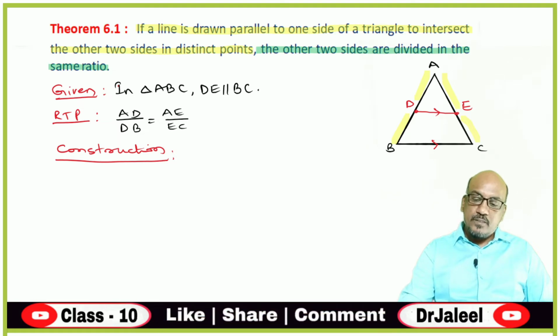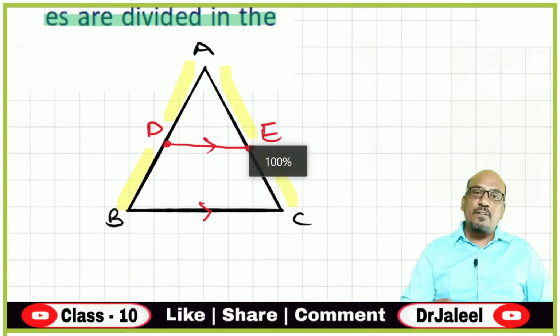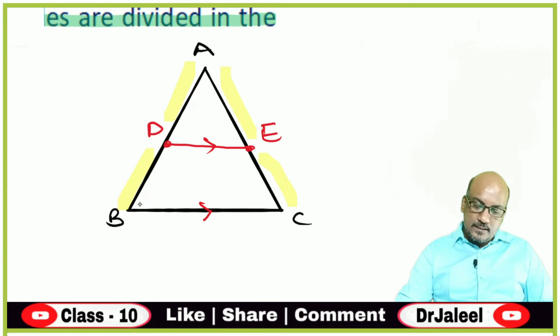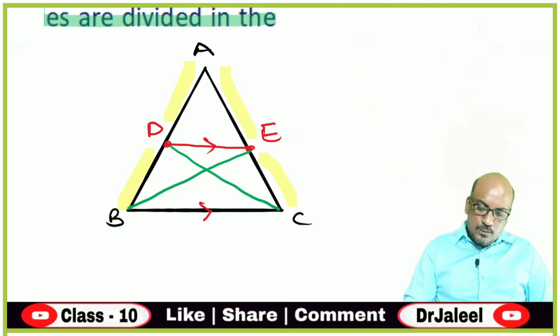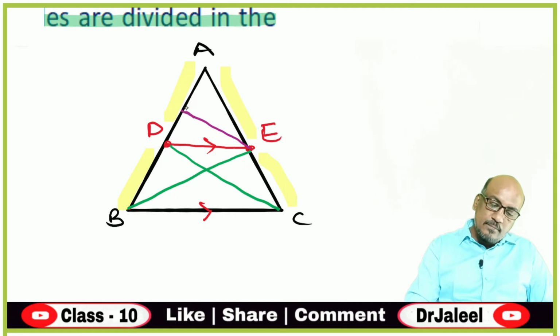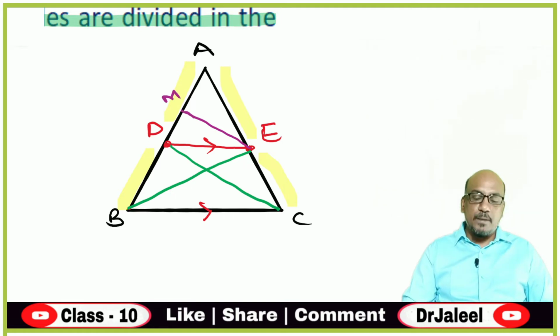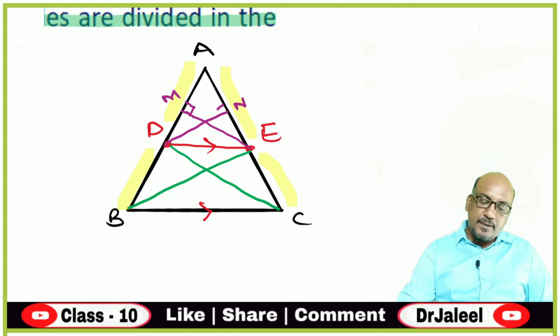So children, here in this figure, I want to join this BE. So let us join this BE and CD. Two things I have done, and also draw two perpendiculars, that is EM is one perpendicular from E to AB and DN is another perpendicular.